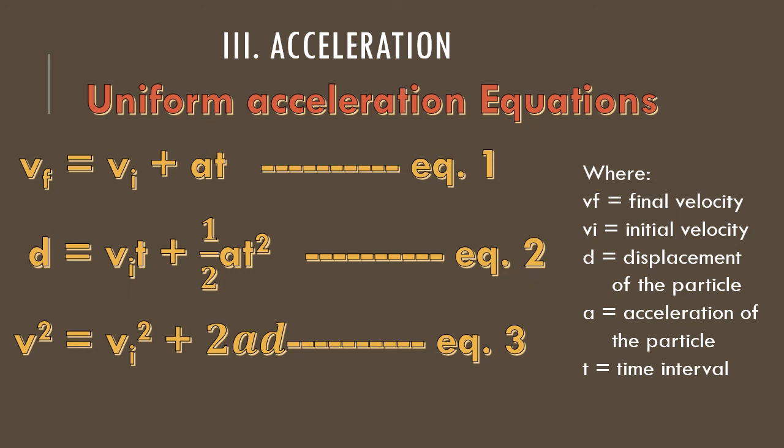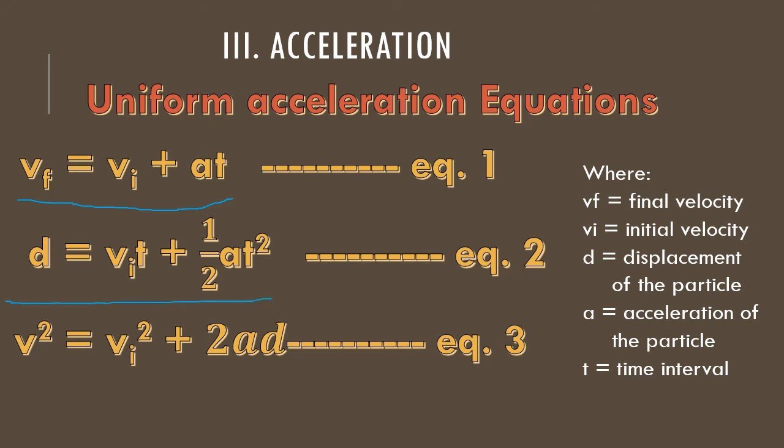So in acceleration, we have three formulas for uniform acceleration equations. So the first one is final velocity is equal to initial velocity plus acceleration times time. So the second one is the distance is equal to initial velocity multiplied by time plus 1/2 times acceleration times time squared.